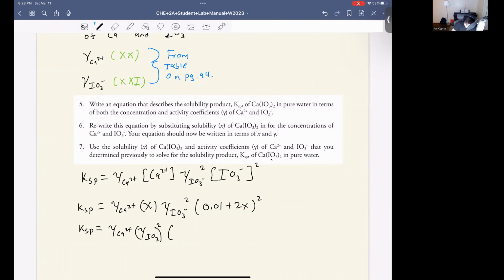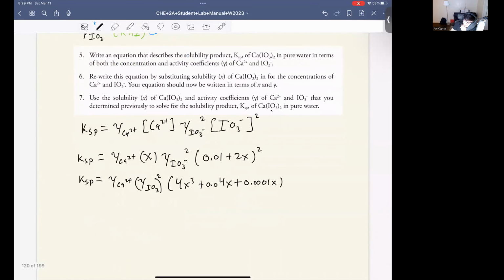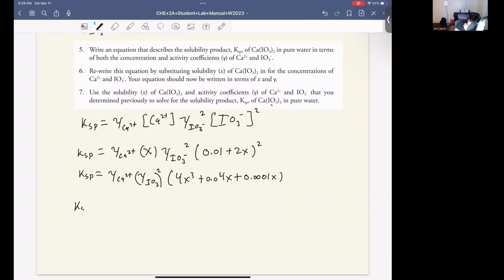So I'm going to write it all together right now. And then you can go ahead and replace the x with your concentration of calcium.